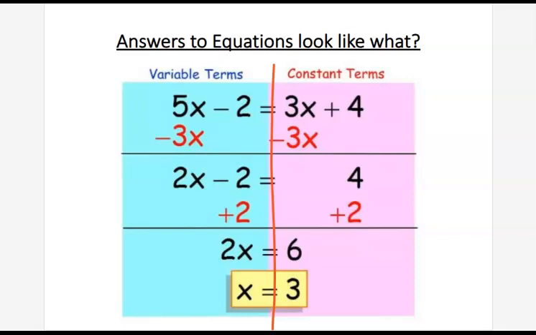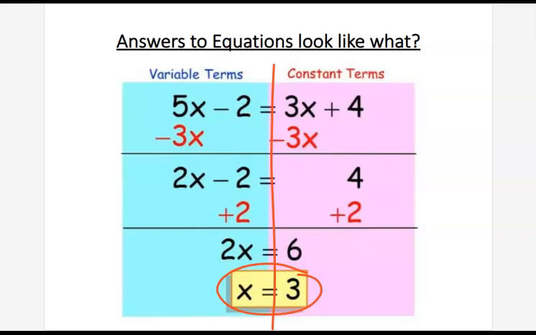So an answer to an algebraic equation is usually a variable on one side equals a number or constant on the other. There are some other ways you can get answers. We'll talk about those in a while, but the one we're going to focus on right now is just a variable on one side and a number on the other.